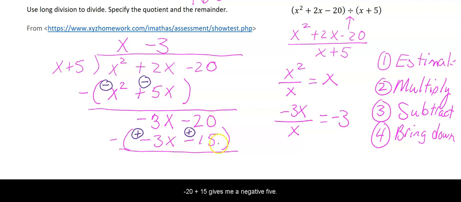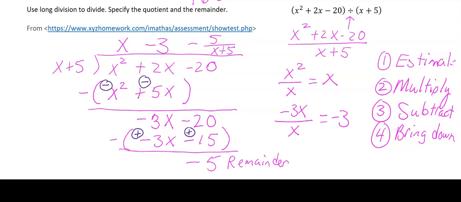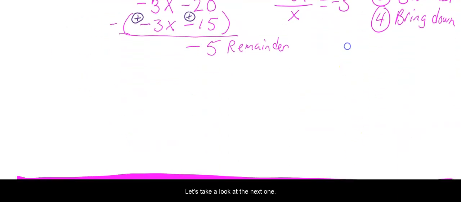Negative 20 plus 15 gives me a negative 5. My quotient is x minus 3, and the negative 5 is the remainder. So my solution is x minus 3 minus a 5 that never got divided by the x plus 5. Let's take a look at the next one.